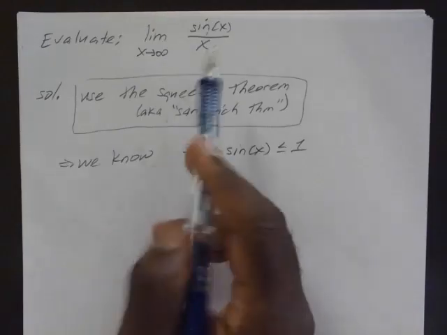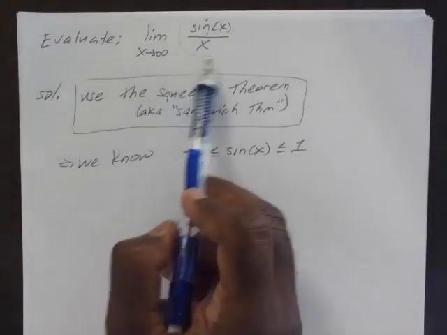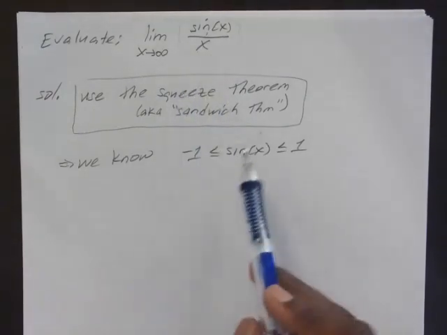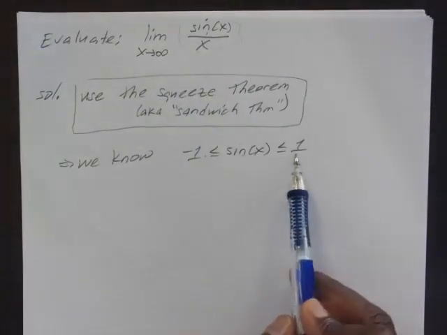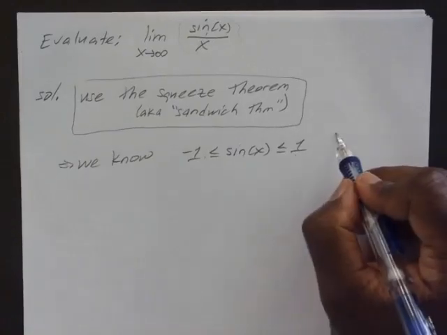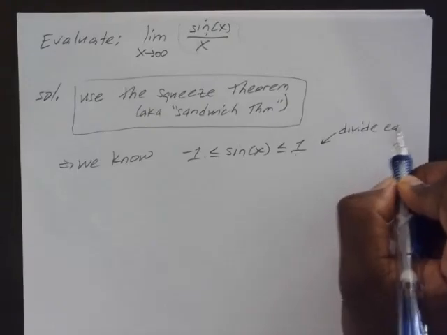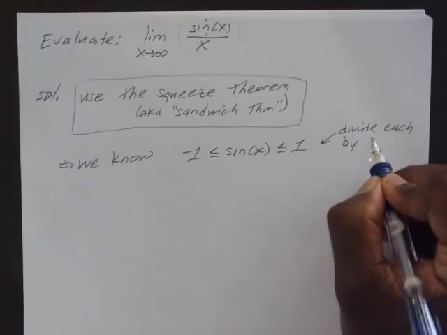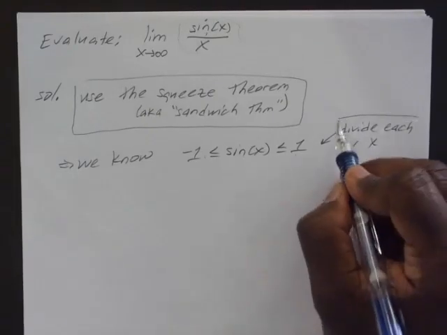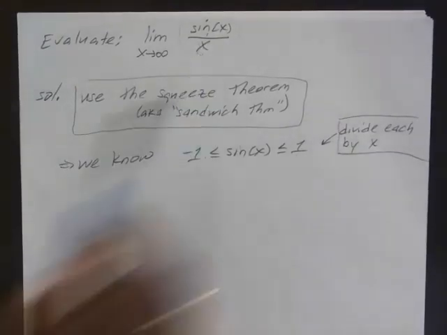Okay. Now the function we're looking for is sine of x over x. So we're just going to divide each one of those terms by x, because the whole goal is to get that middle term to look just like the function we have up here.